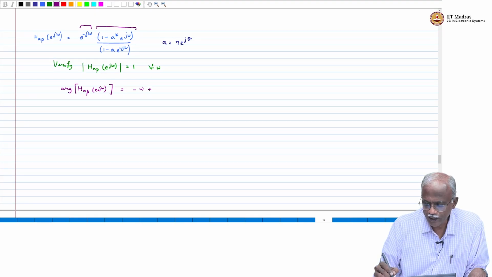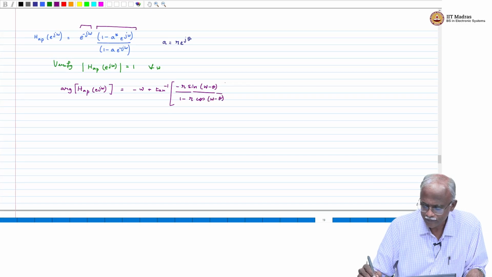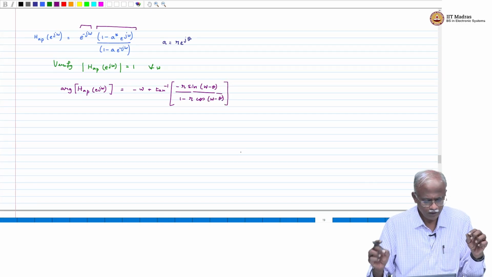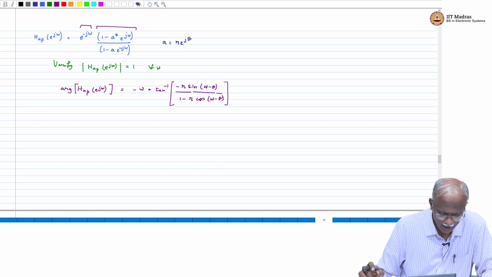The second term will give you a phase term which is given by tan inverse of minus r sin(ω - θ) divided by 1 - r cos(ω - θ). Make sure that you are writing down the terms correctly, and then we get the expressions appropriately.